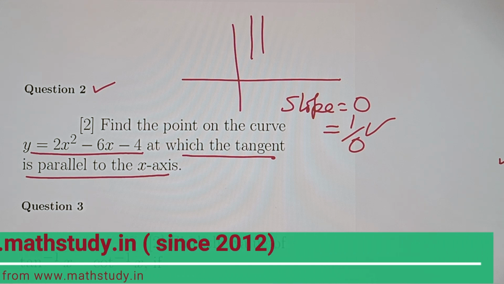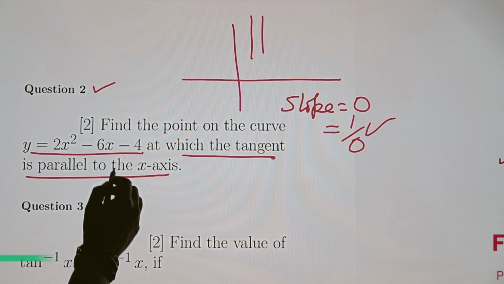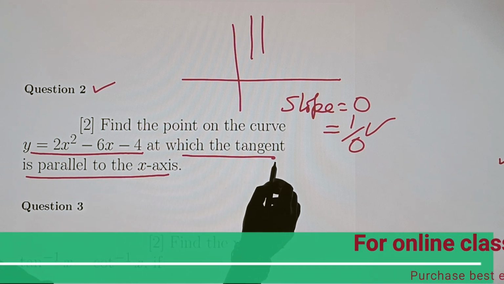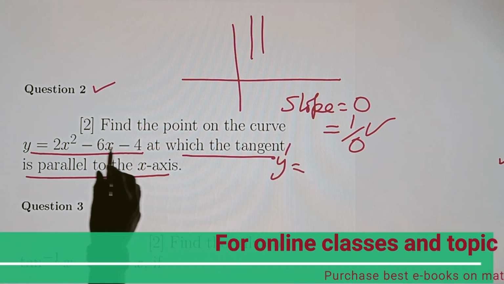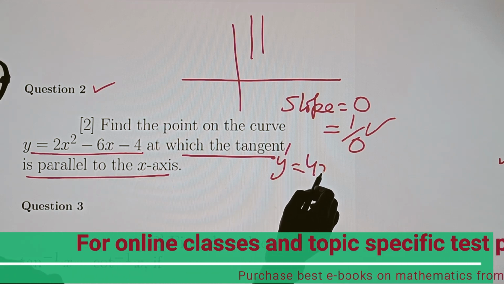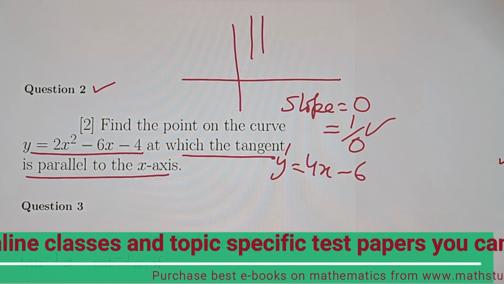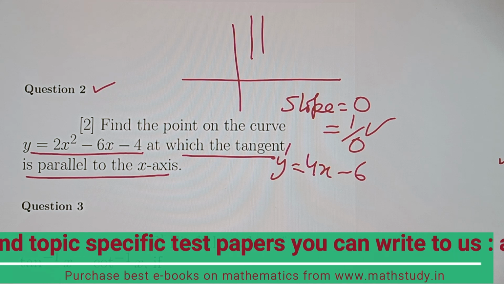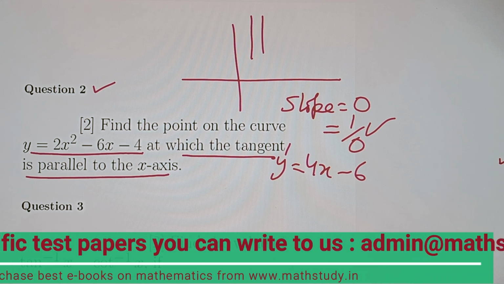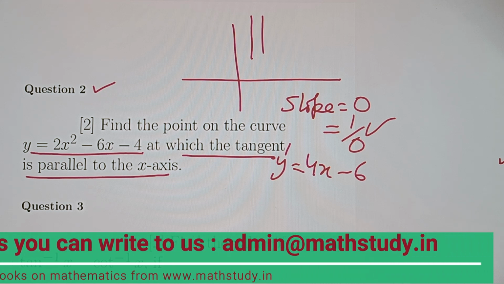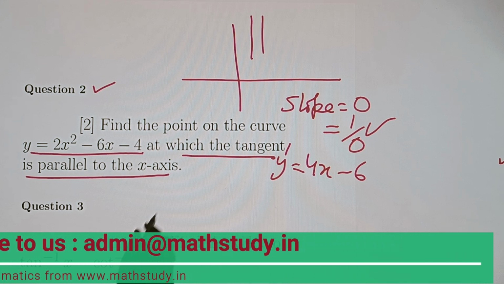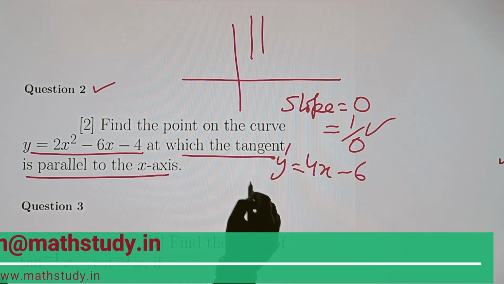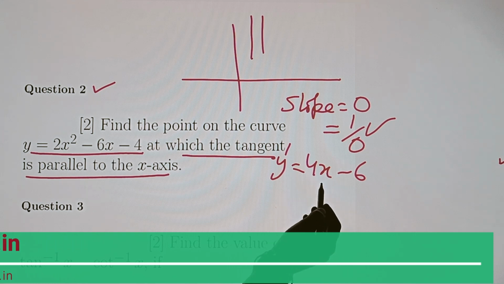So let's start here. First, we have to find dy by dx. Here y dash is equal to 4x minus 6. So y dash is the slope of this curve, that means the slope of the tangent, which is 4x minus 6. Now it says that the tangent is parallel to the x-axis.